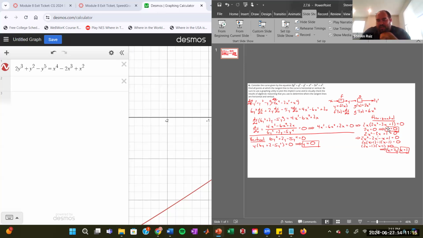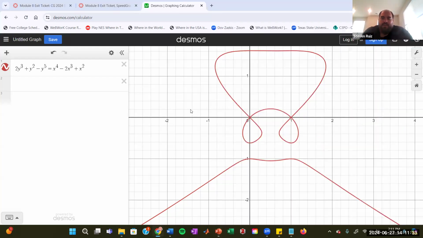So it's possible for x to be equal to 0 and y to be equal to 0. So at this point where we thought we were going to have a vertical tangent line, so basically some non-zero number divided by 0 for dy/dx, I believe we ended up having 0 divided by 0, which was not defined. So I don't think we have a vertical tangent line there.